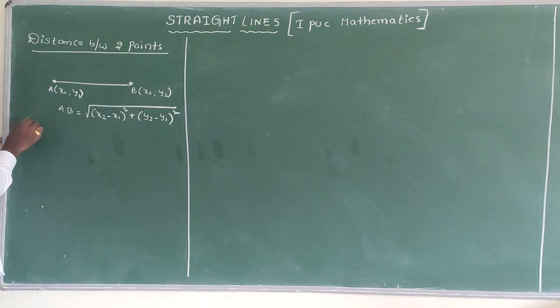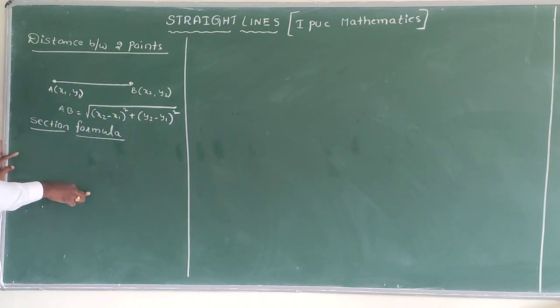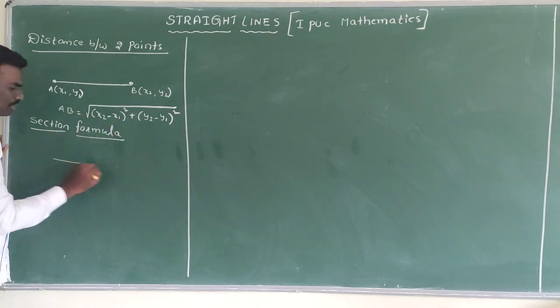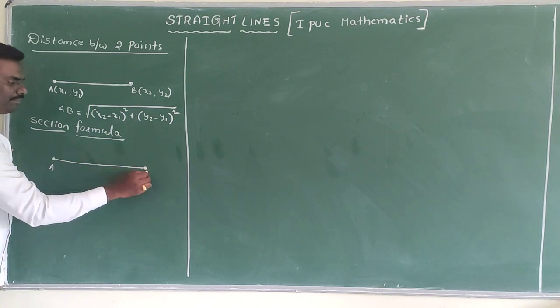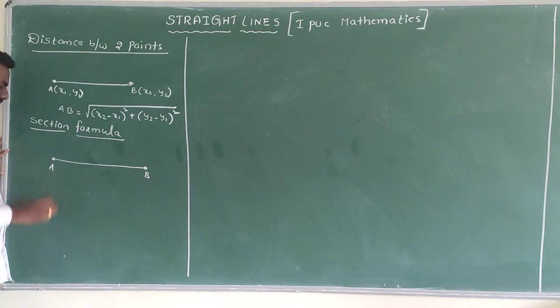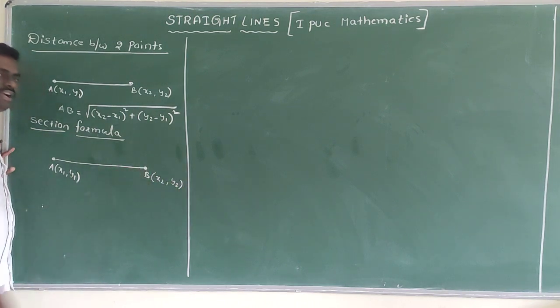Next one is section formula. When we are using this concept, see here I took two points, capital A and capital B. The coordinates of point A are x1 comma y1 and coordinates of point B are x2 comma y2.